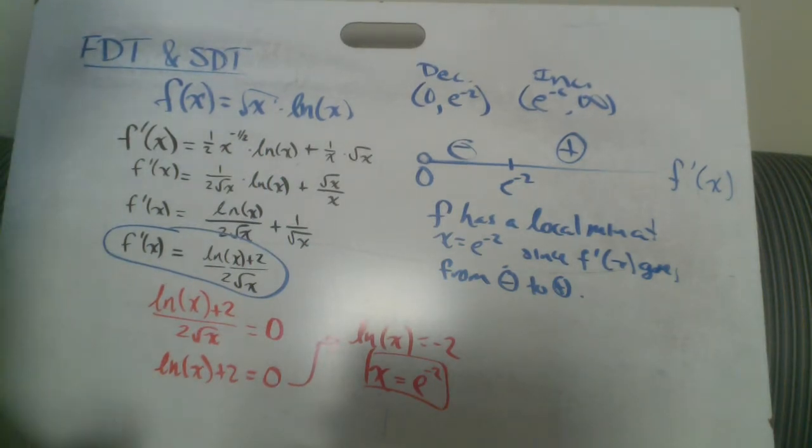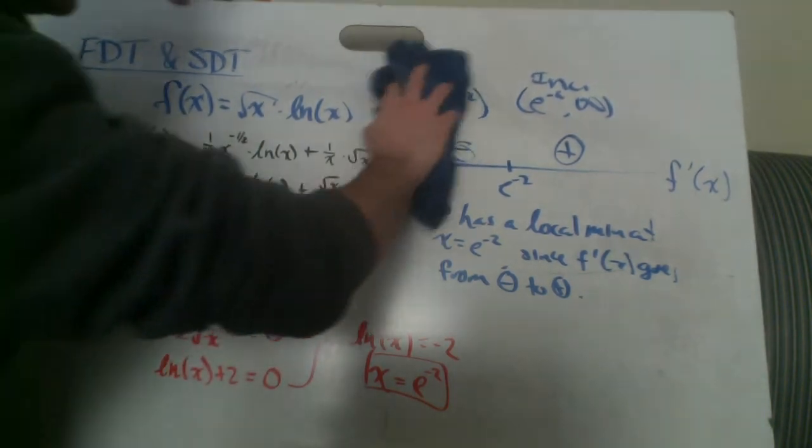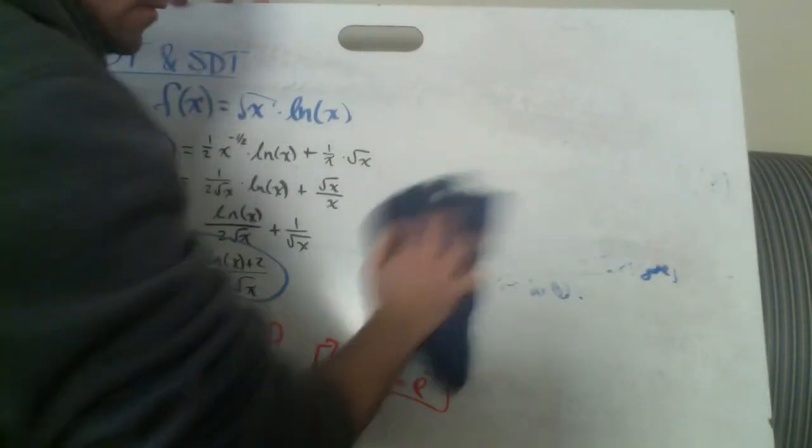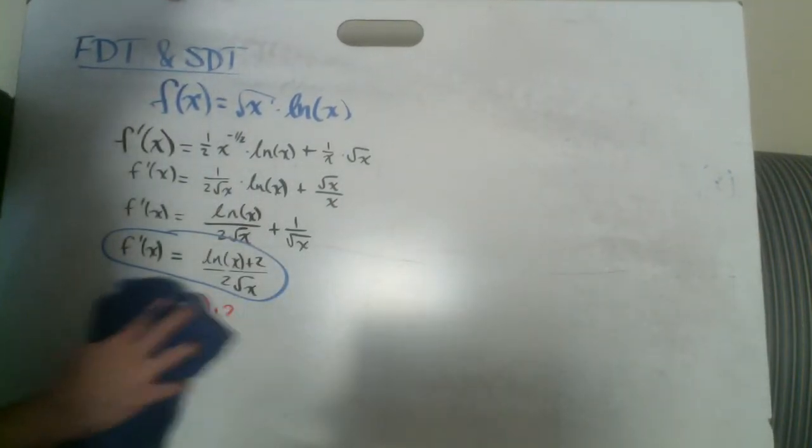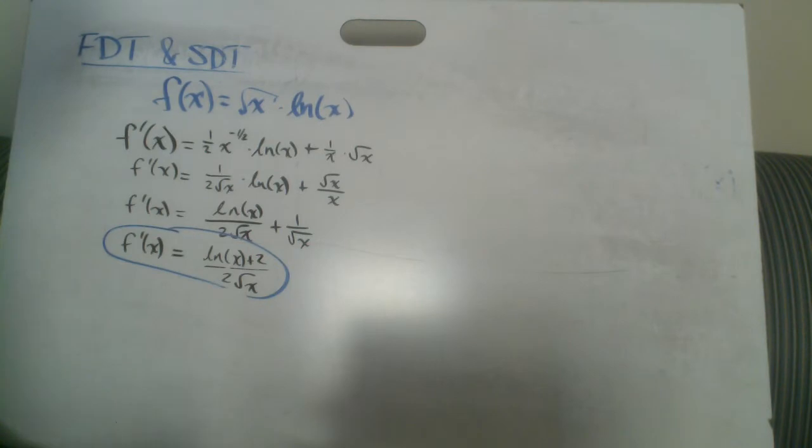So I've answered a couple of the questions so far, and let's continue answering them. So let me write down this final expression, which was my f prime of x. I'm just going to save that right here.